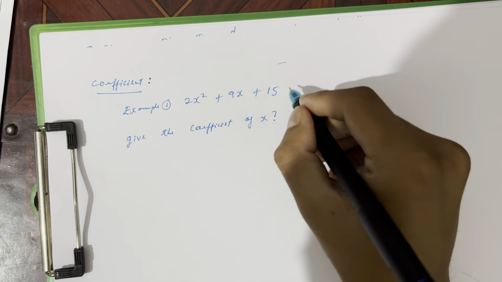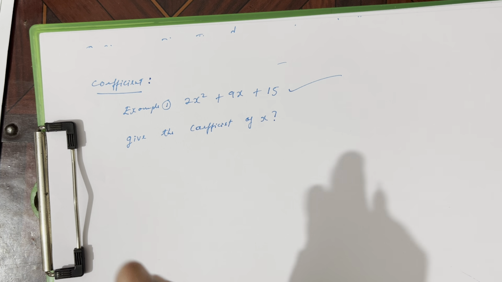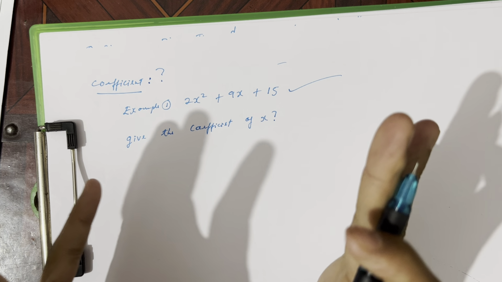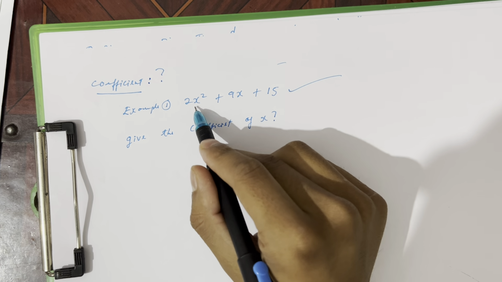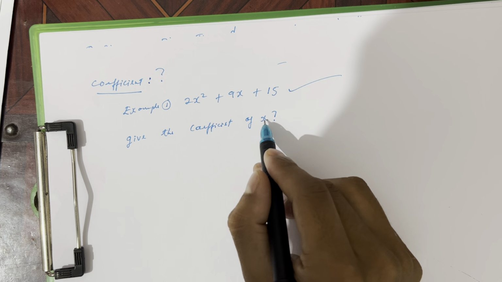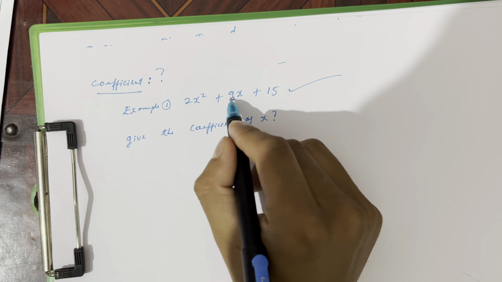Now we check here: we have x squared, here we have 9x, here we have x. So the coefficient of x is 9. Okay, coefficient of x is 9.